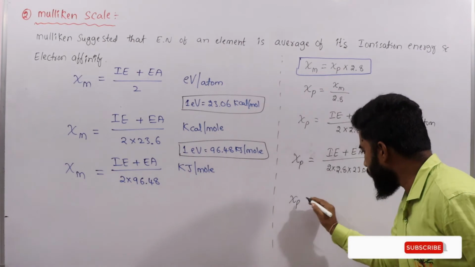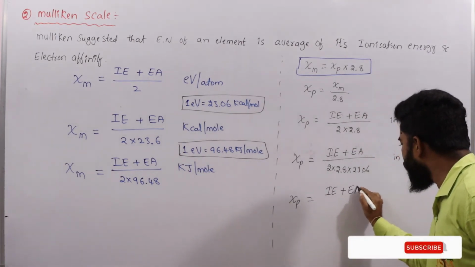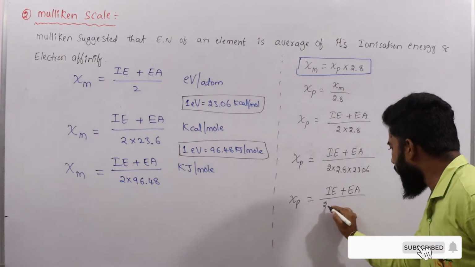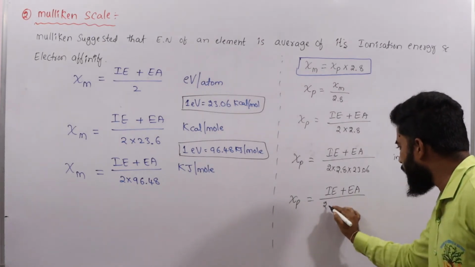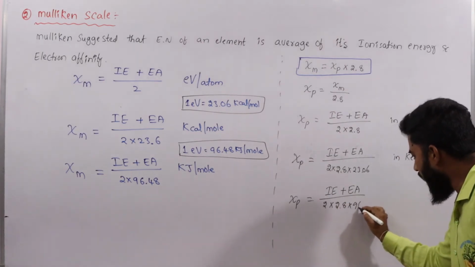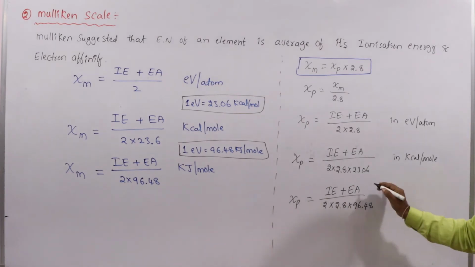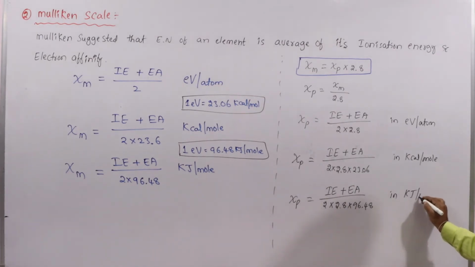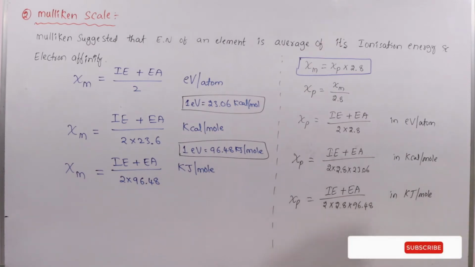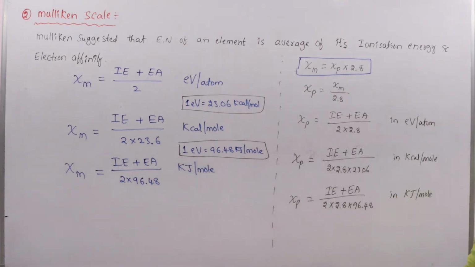We can also use this equation when both energies are in kilojoules per mole, that is (ionization energy plus electron affinity) by 2, into 2.8 into 96.48. This is the relation between the Mulliken scale and the Pauling scale.